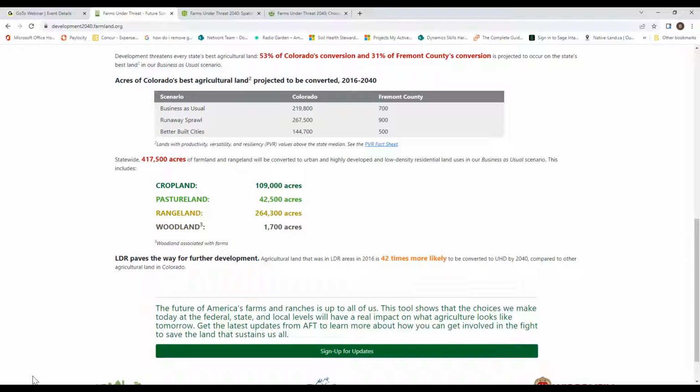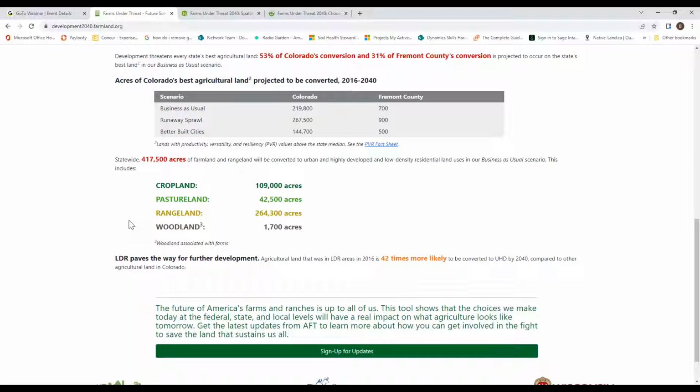And you can see that, under business as usual, the data suggests that 219,800 acres, or I think it's 53%, is likely to be on the more productive ag land in the state. And again, there are numbers for the county, not just for this county, but for all of the counties. Then looking down, you see the type of agricultural land that is likely to be converted. Here you see rangeland is far and away the largest type, with cropland behind and then pasture land behind it.